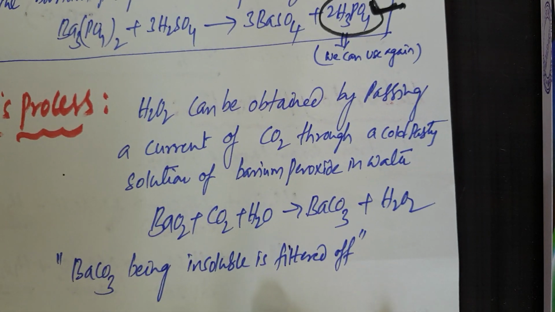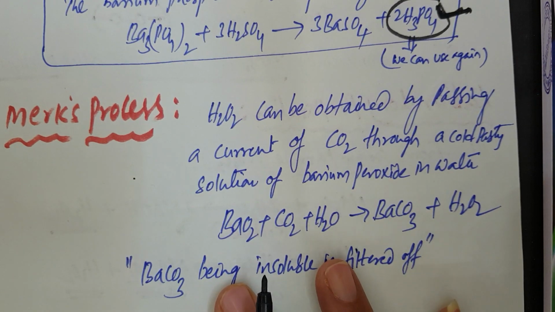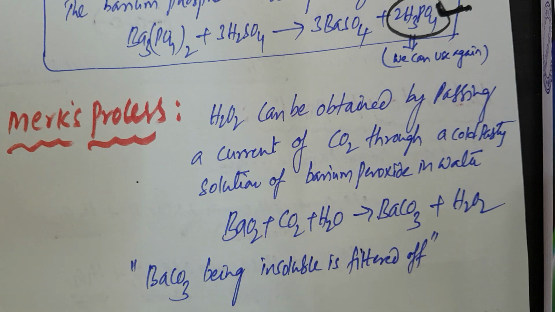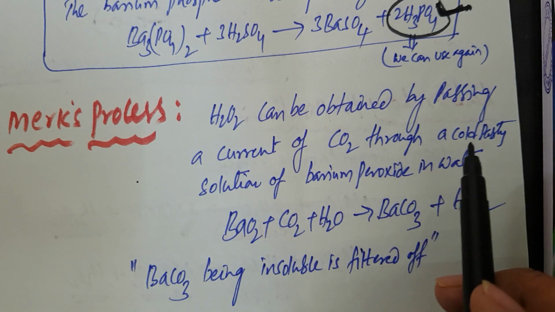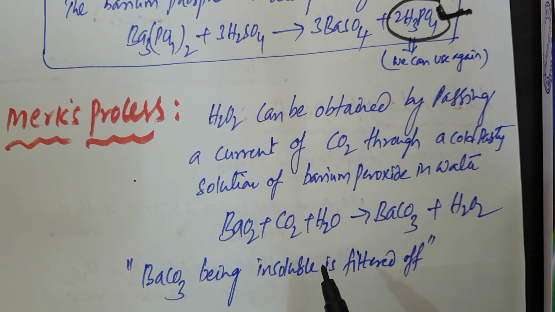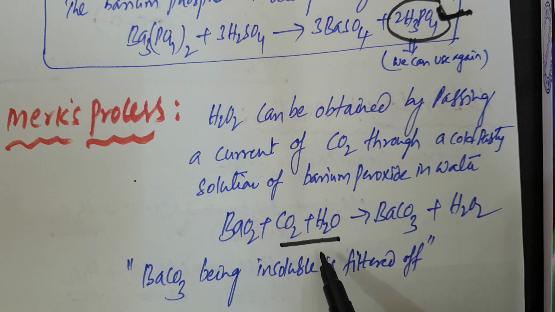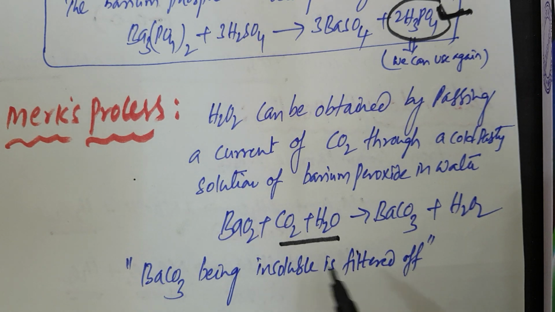Now this is also one of the best methods, the Merckx process. Hydrogen peroxide can be obtained by passing a current of CO2. Barium peroxide reacts with carbon dioxide solution, or simply carbonic acid.